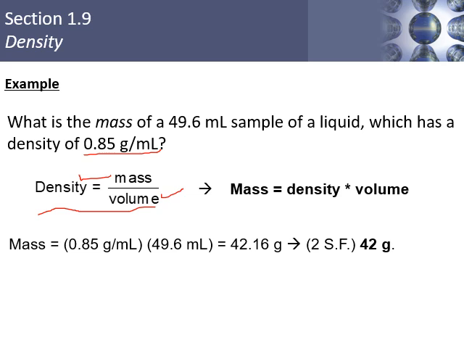So they're pulling a sneaky one on us here, and they're giving us two things that are not on the same side of this equation and asking us to figure out the thing I just circled, which is the mass. So all you have to do here is rearrange this equation here to get what you want, which is the mass, on one side by itself.